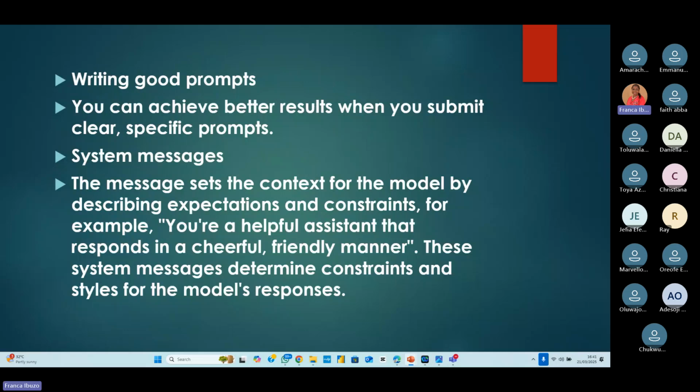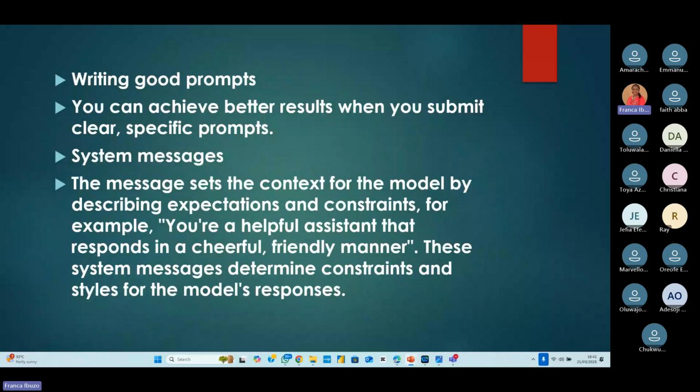You have system messages. The message sets the context for the model by describing expectations and constraints. For example, you're a helpful assistant that responds in a cheerful, friendly manner. These system messages determine constraints and style for the model responses.